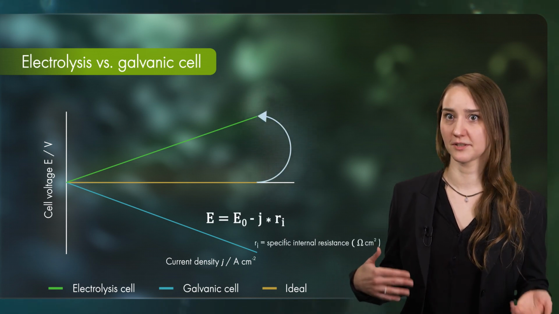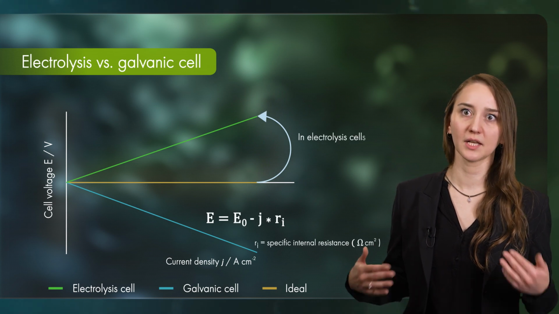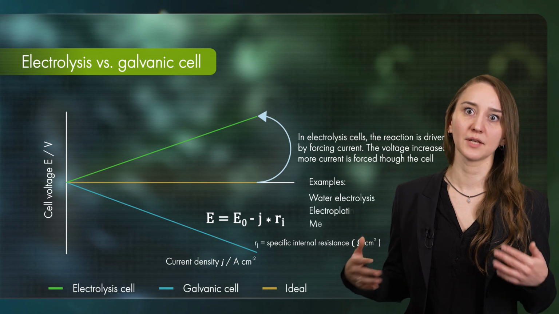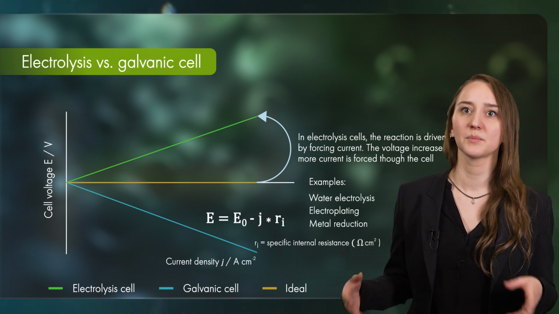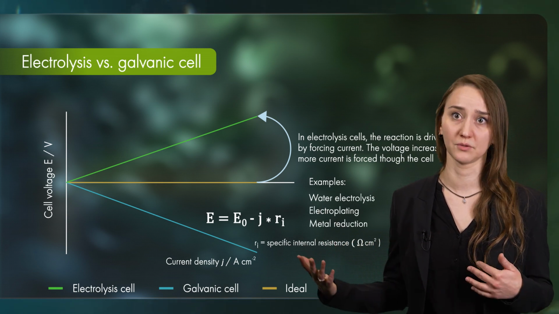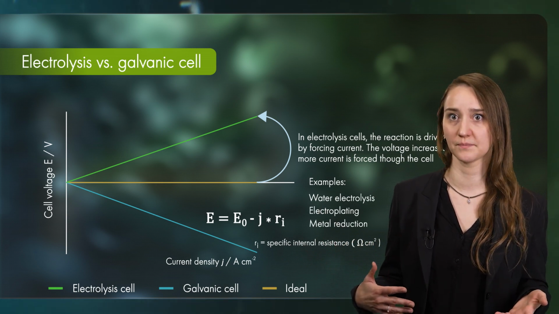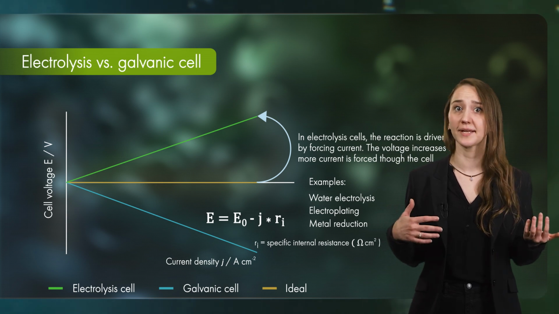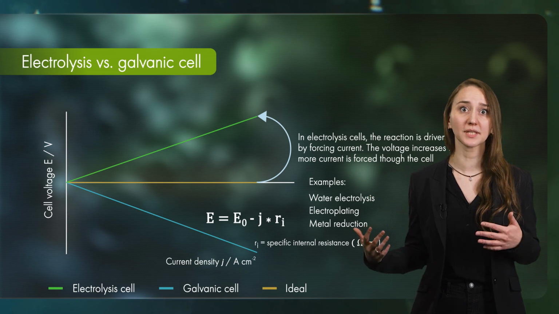This is the opposite of a galvanic cell, such as a fuel cell, in which the voltage drops when we, in that case, use more current. In reality, it is more complex, but this simplification already helps us to understand the correlation between current and voltage in water electrolysis.